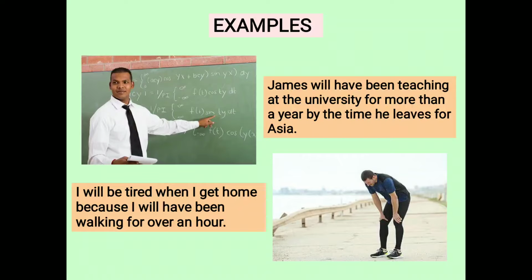I will get tired, but only after walking for over an hour. My walking is not yet over, but as soon as it is over, it is more than half an hour. So by the time I will be tired. So this is how we can use future perfect continuous tense.